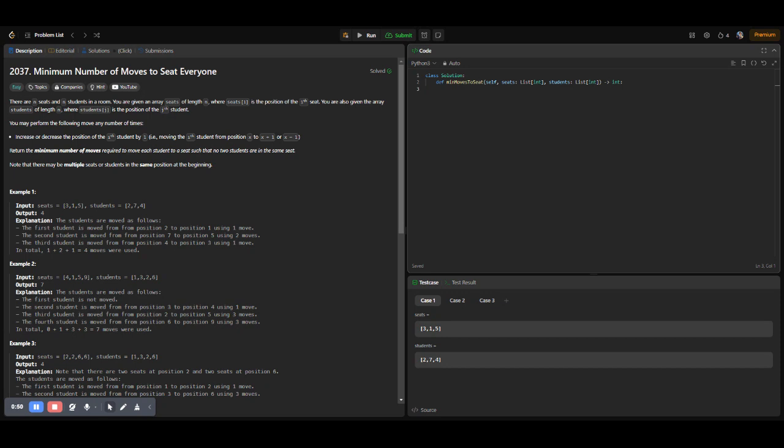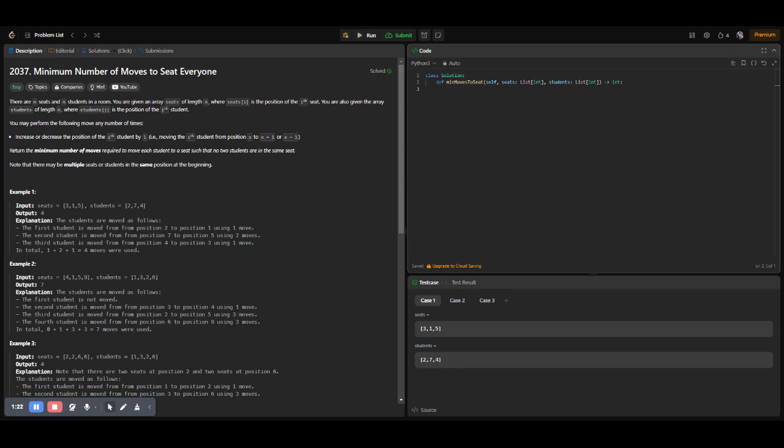On description: there are n seats and n students in a room. Means whatever number of seats are available in the room is equal to the number of students available in the room. You are given an array seats of length n where seats[i] is the position of the ith seat.